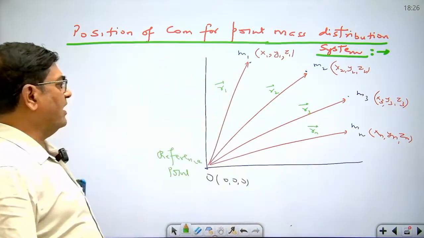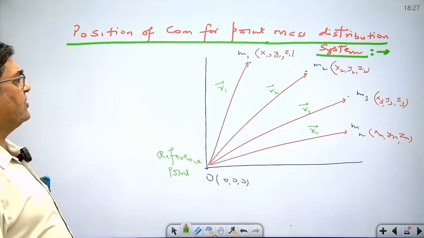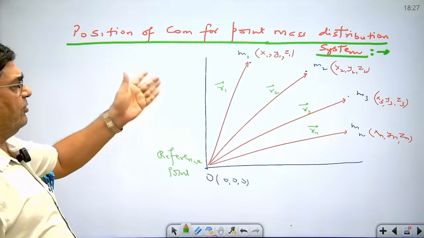Dear student, r1, r2, r3 and rn are the position vectors of point masses m1, m2, m3 and mn.